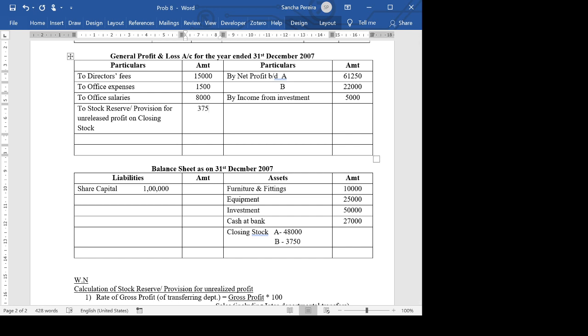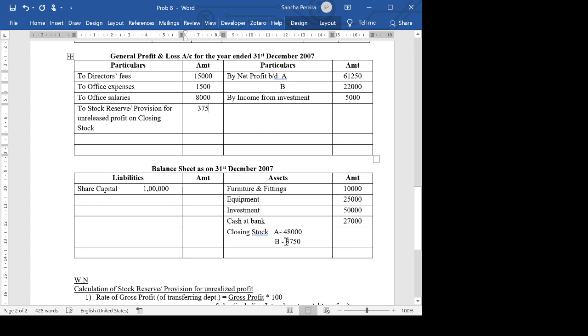This is one adjustment. If you remember the theory which we had done, it has to be debited to the general profit and loss account, and it has to also be deducted from closing stock in the balance sheet. Why am I deducting it from here? Because if I don't, this closing stock won't be shown at cost, because this amount 3750 has a profit element in it.